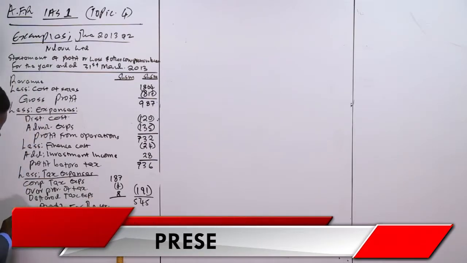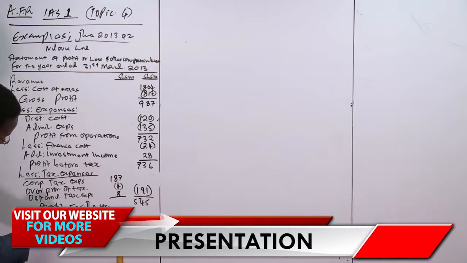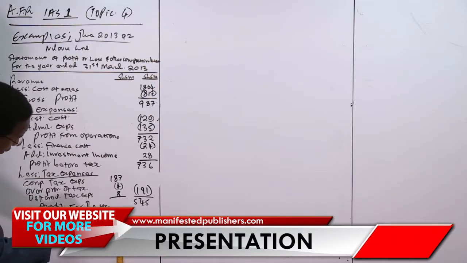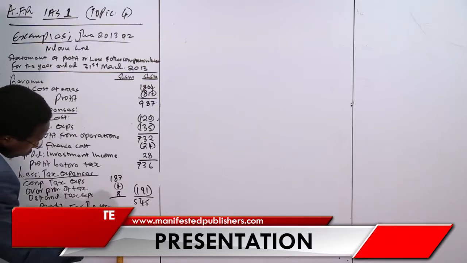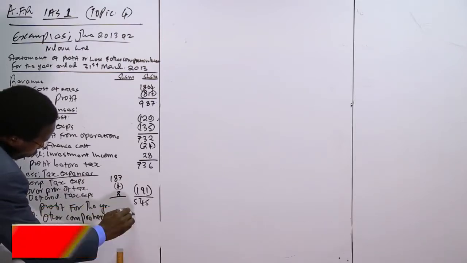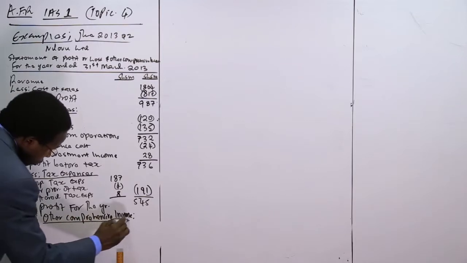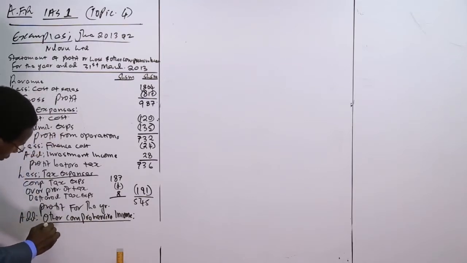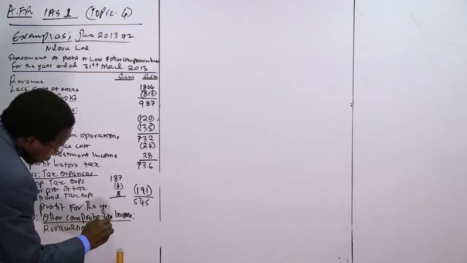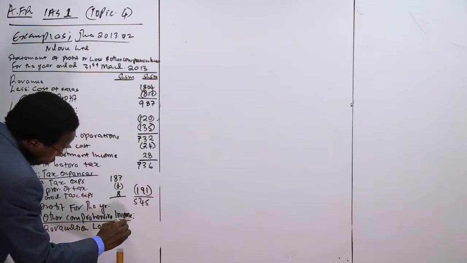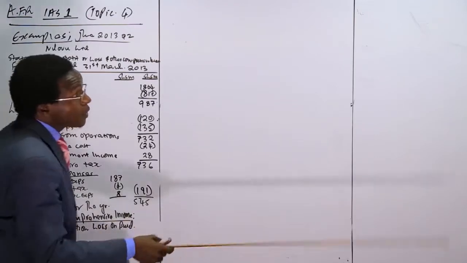Then I'll add other comprehensive income. Other comprehensive income, we didn't have so much. We only had a loss. There was a revaluation loss. A revaluation loss, we had also worked it on buildings. On buildings, how much was it?